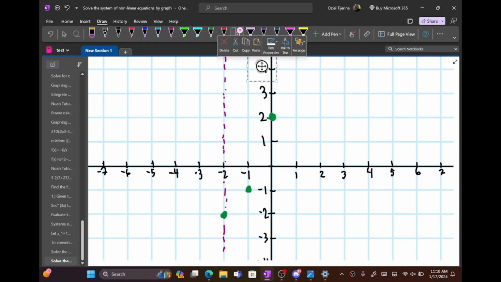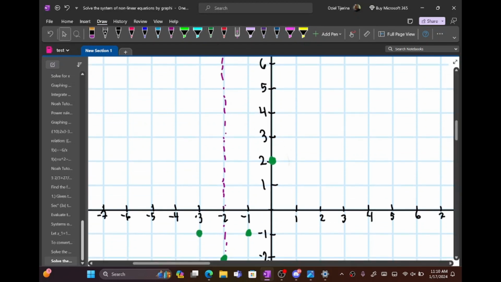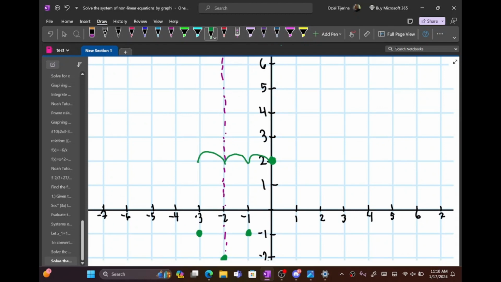We're going to grab this point here. We're going to go 1, 1, so we know it's -3, -1. So let's plot that. And then at y equals 2, we have 1, 2. So you're going to plot the point right here.